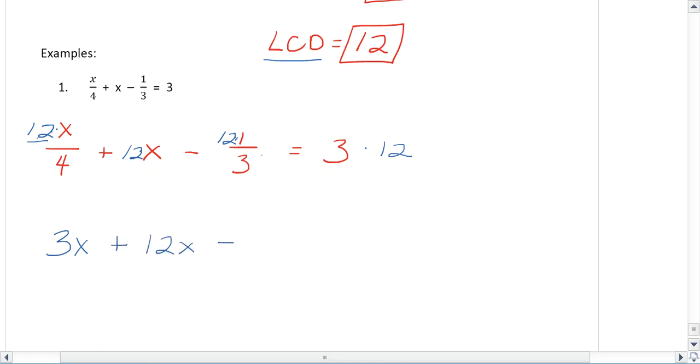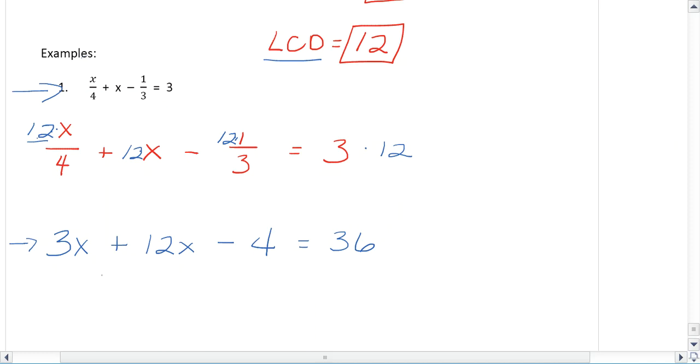Keep the minus sign. 12 divided by 3 is 4, and 3 times 12 is 36. Now take a look at this equation compared to the original equation up here. This one looks a lot easier to work with. We can handle it. These fractions would have made a lot more work. So by using this strategy, you really are making your life easier, and it's a handy tool to have to pull out of your toolbox and use it when you want to simplify an equation.